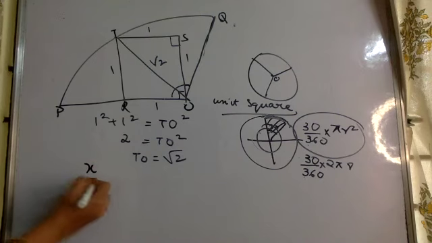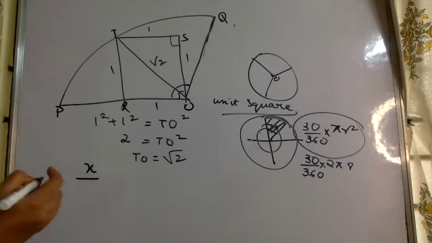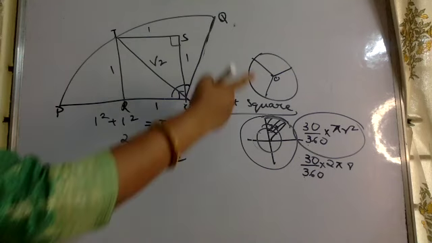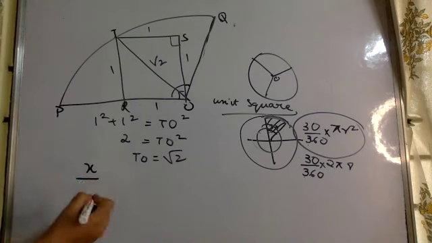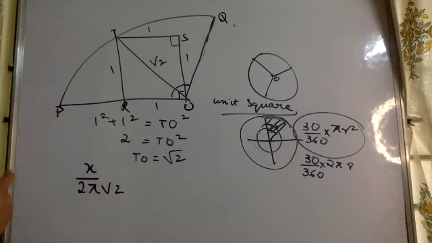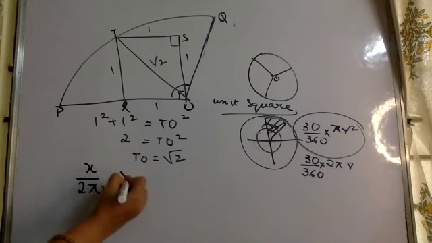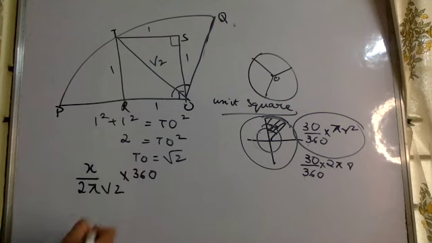If the length of the arc is x and the total circumference of this circle, which is not drawn here, is 2 pi into root 2, 2 pi r, yes, then this ratio, if I multiply it with 360, means this fraction of 360 degrees is my angle.